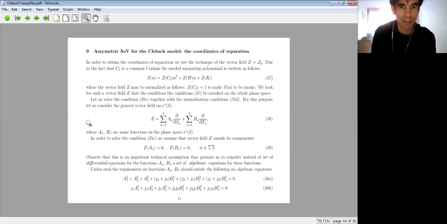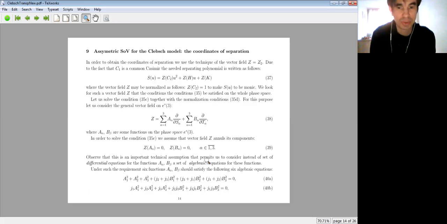And here goes one of our main tricks. We don't want to solve the nonlinear PDE for the components A alpha, B alpha, and that is why we have assumed that the vector field zeta is a very special one.